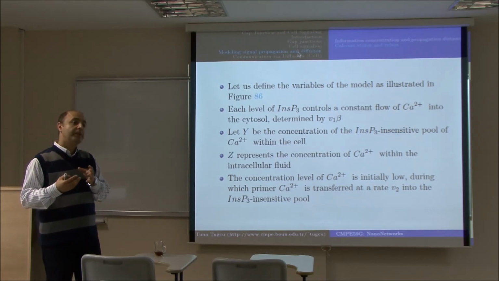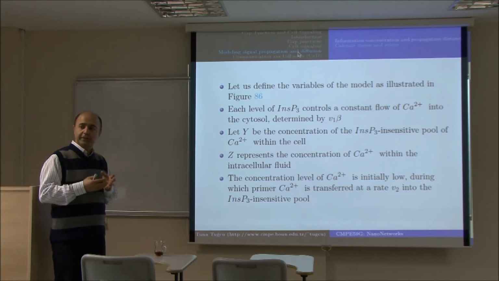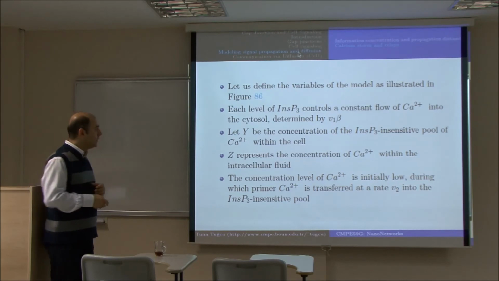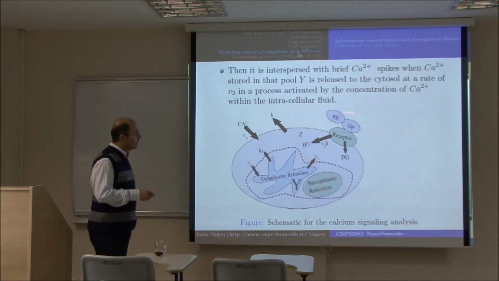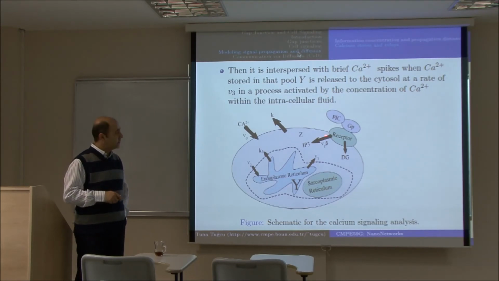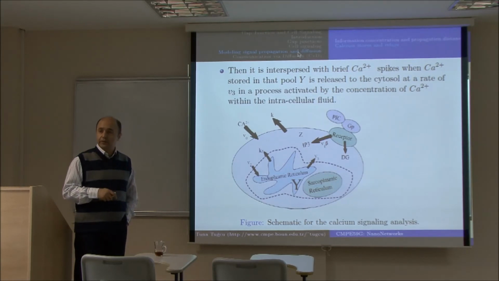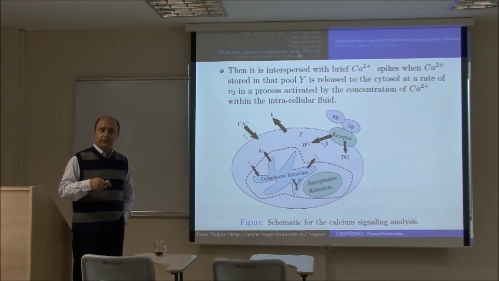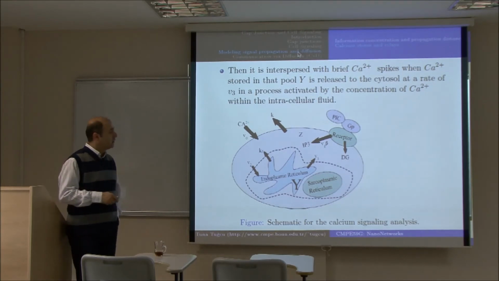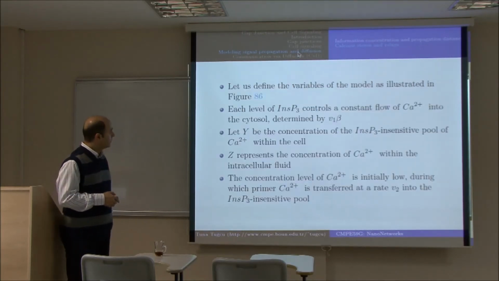But I have the arrival rate of IP3 molecules denoted by V1, so in total it would be V1 times beta. Therefore, with the arrival of the agonist at the receptor, at the rate of V1, IP3 molecules will be released, each triggering at a rate of beta, so the overall rate of calcium created due to this operation would be V1 times beta.